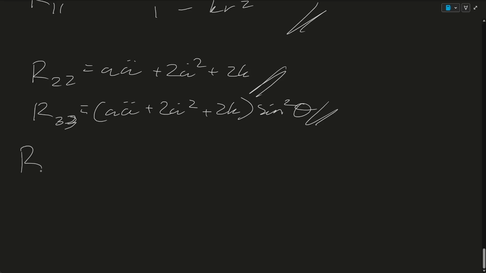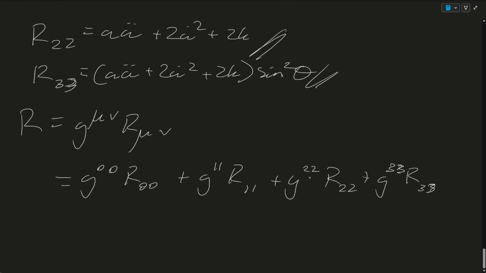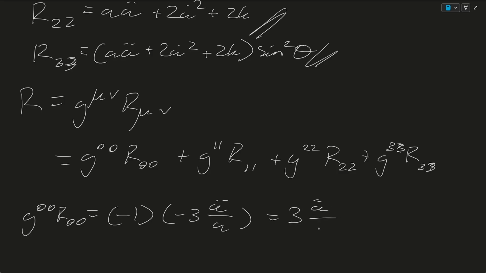So, the Ricci scalar is g to the mu nu R mu nu, which is g00 R00 plus g11 R11 plus g22 R22 plus g33 R33. We've done a lot of the heavy lifting for this now, so g00 R00 is equal to minus 1 times minus 3 a double dot over a, which is 3 a double dot over a.